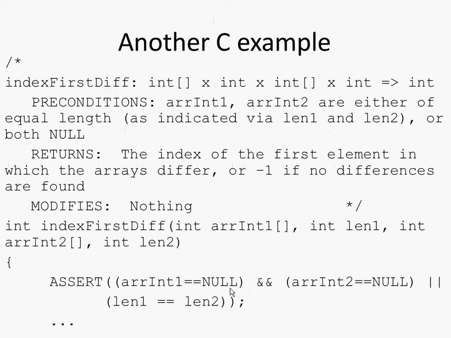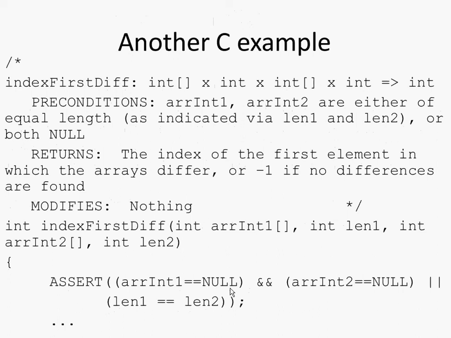So either they're both null, or the lengths are equal. Those are preconditions for me to do my work, and someone else is responsible for them, so I'm going to assert them here. In Java, we can have a similar thing, but we'd use what's called the assert statement.